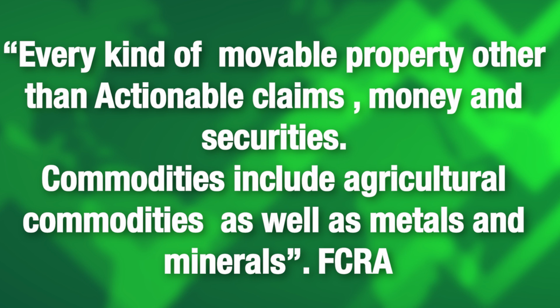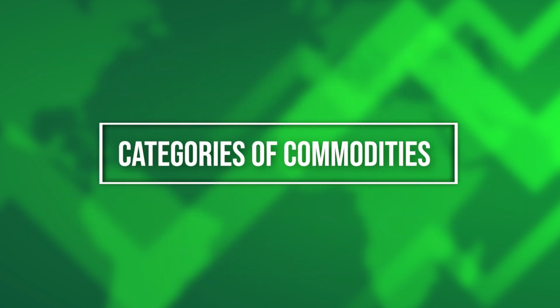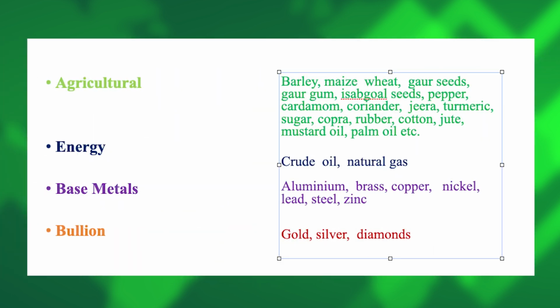At the first level, agricultural commodities like barley, maize, wheat, different types of cereals, spices, sugar, oil, cotton, jute. This comes in the agricultural category. The second category is energy, in which you include crude oil and natural gas.